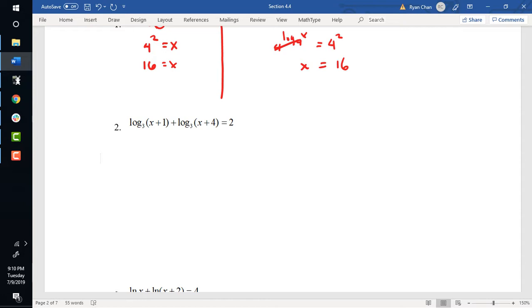Since they both have log base 3 as addition, remember back in section 4.3, we're going to do the product rule. So it's going to look like this now. Log base 3 of (x plus 1) times the quantity (x plus 4) is equal to 2.